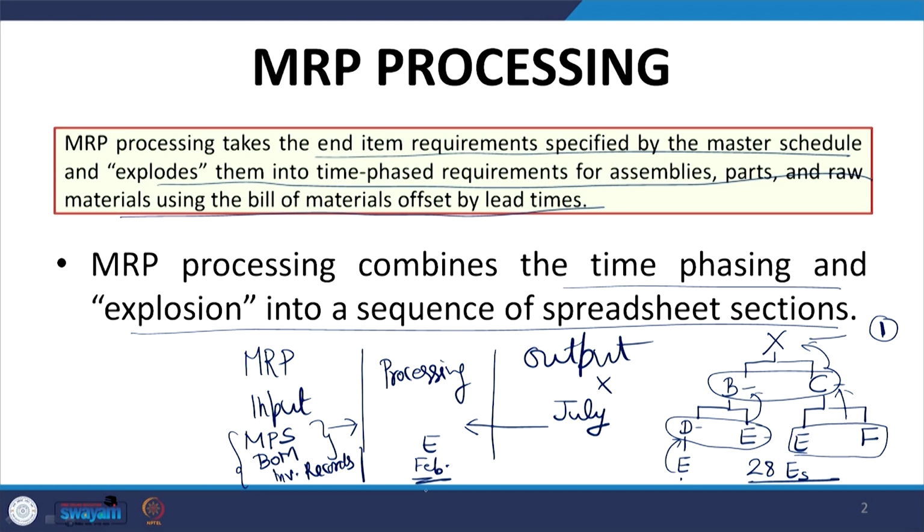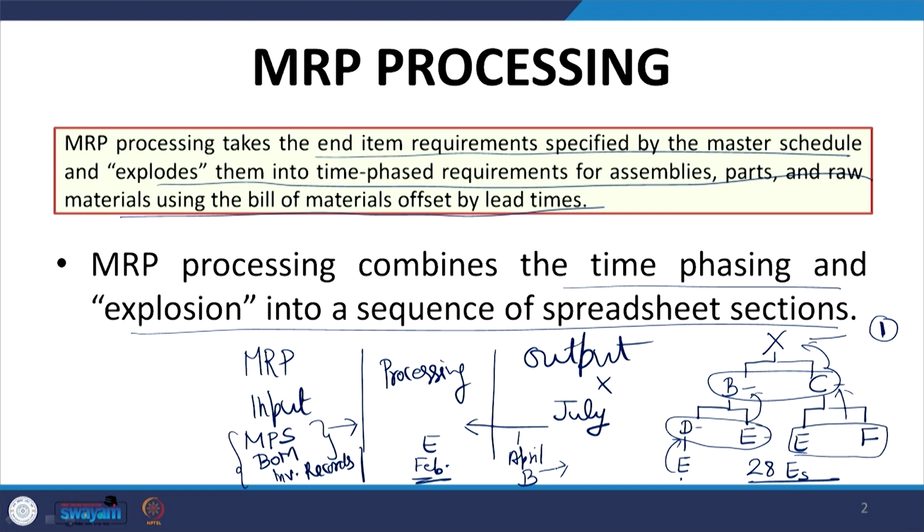So, when E comes in February, then maybe in the month of April I may start making B, which will be completed, let us say, in the month of May or June, and then my X will be delivered in the month of July.